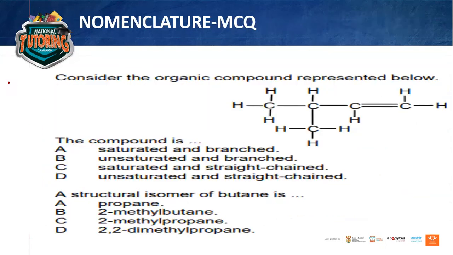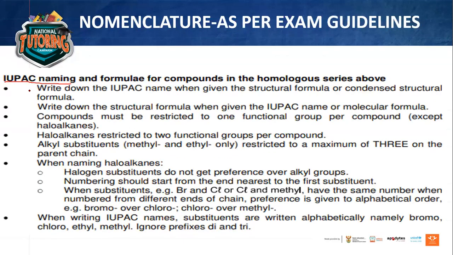And furthermore, IUPAC naming of compounds. And there we have all the rules that you need to apply when you name organic molecules, and we are going to apply them as and when we do the question.